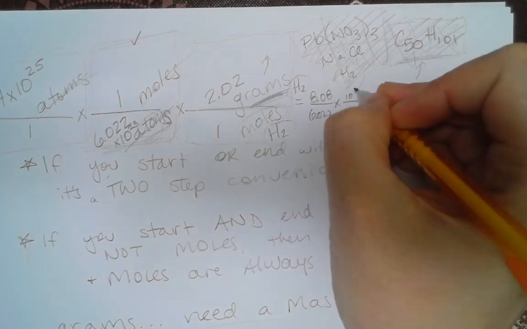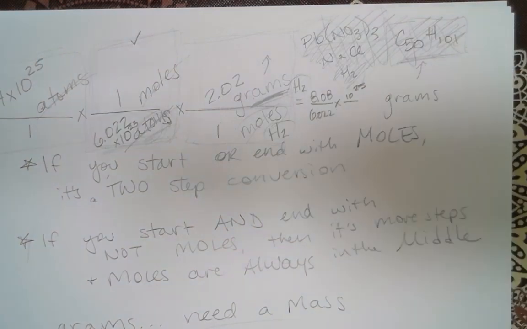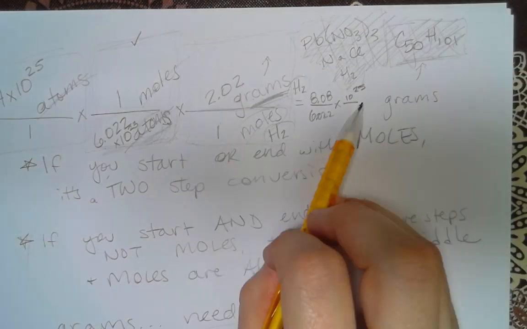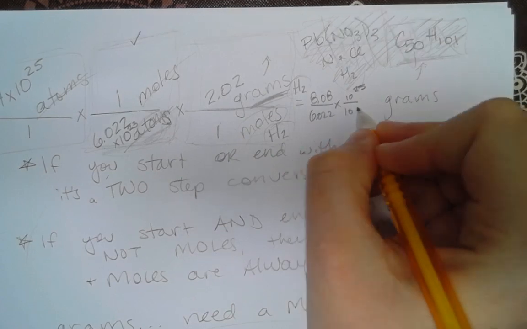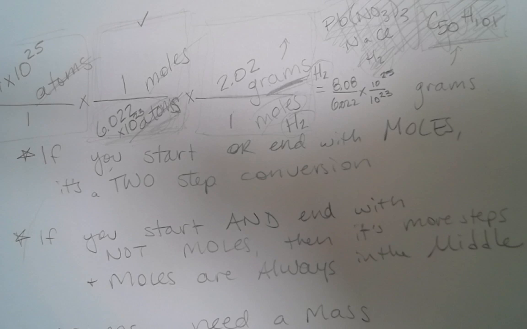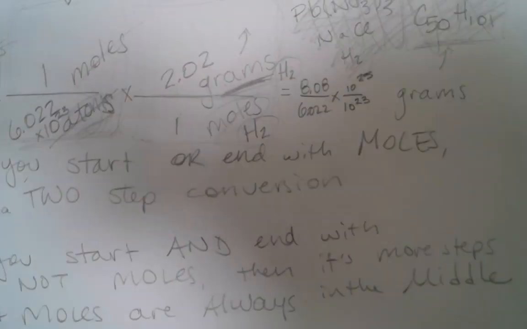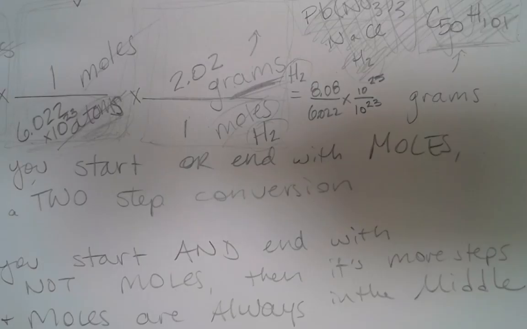So your top has a times 10 to the 25, your bottom has a times 10 to the 23, and let's use the calculator a little bit. So you're just doing 8.08 divided by 6.022.